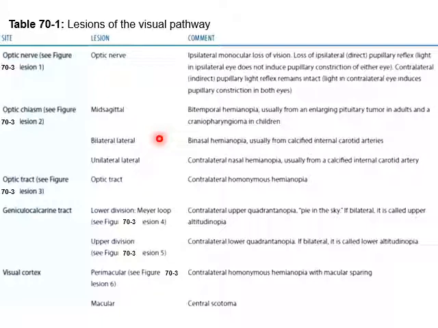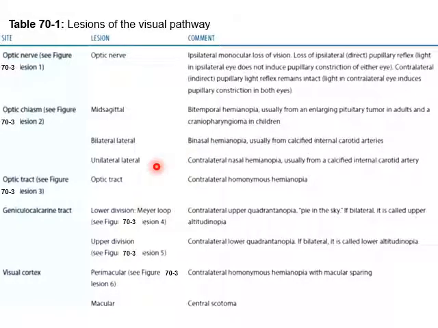You know that the sides of the optic chiasm have the fibers that are running ipsilaterally, the fibers that are not crossing. They make the lateral borders of the optic chiasm. And these fibers are the temporal fibers that carry the vision from the nasal halves of both visual fields. So when you have bilateral lateral damage of the optic chiasm, what will happen is binasal hemianopia.